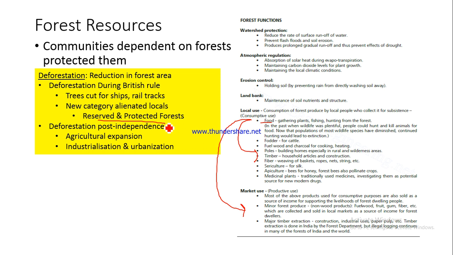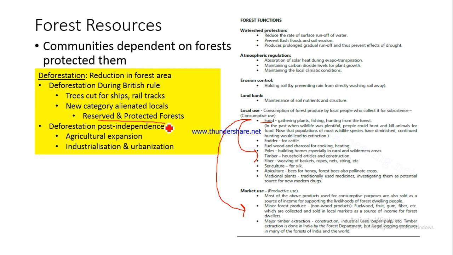And as the name suggests, reserved forest meant that they are being reserved, which means the local community would have nothing to do with those forests. The local community was not allowed to harness the resources produced by the reserved forest or the protected forest. What happened because of these arrangements?